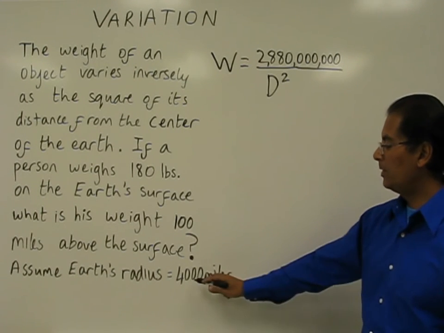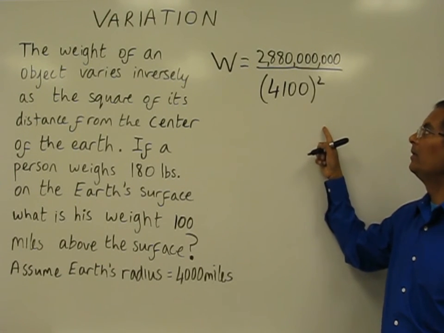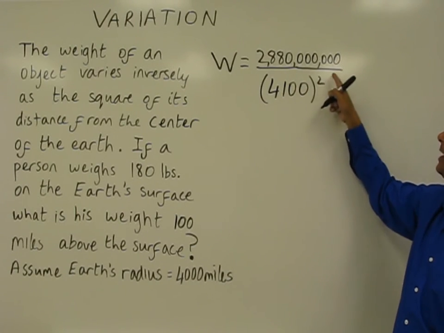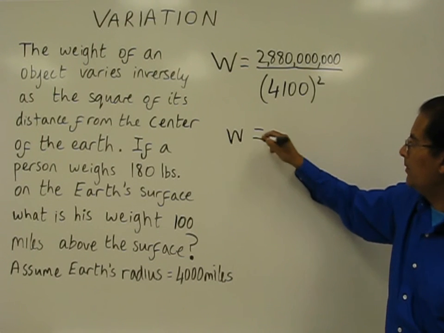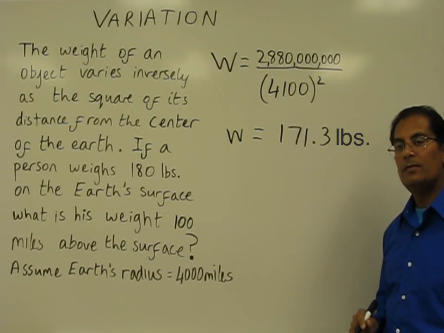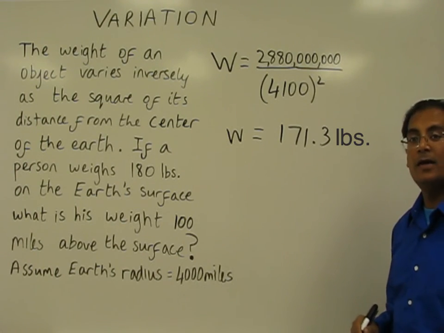So our new distance will be 4,100 miles, and we have to square it. Now we perform our calculation: 2,880,000,000 divided by 4,100 squared, we get W equal to 171.3 pounds. And so there's an application of inverse square variation.